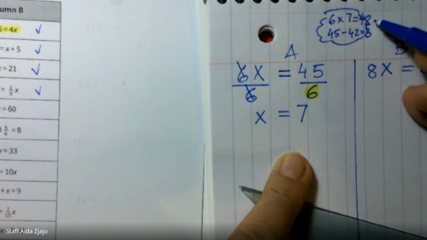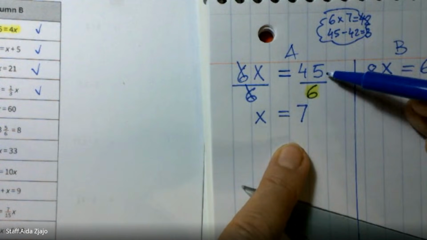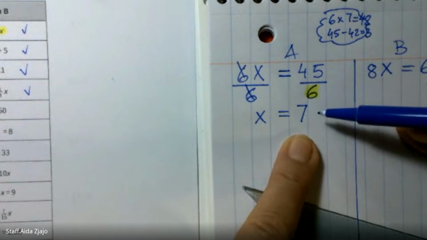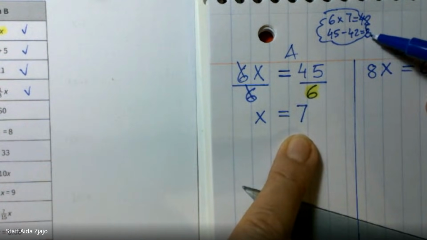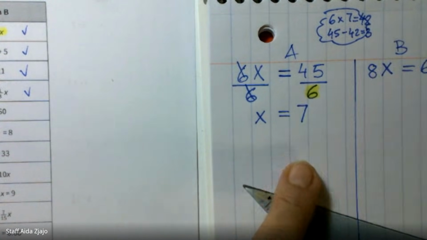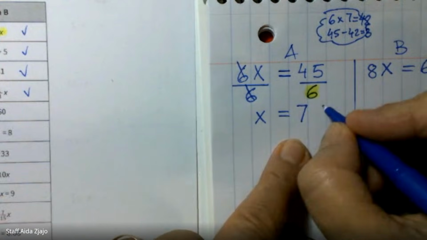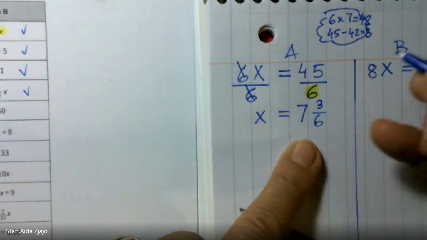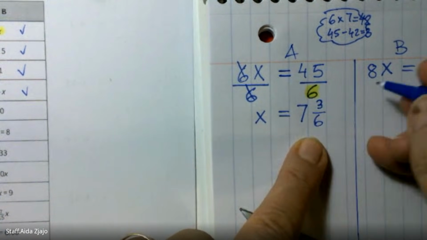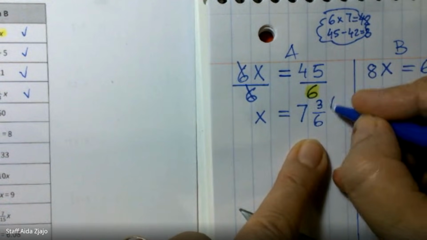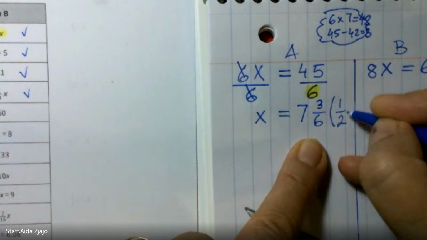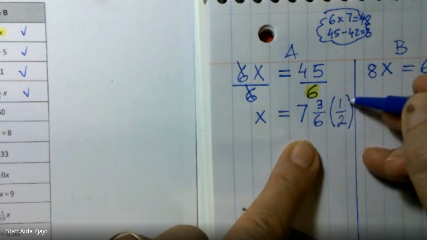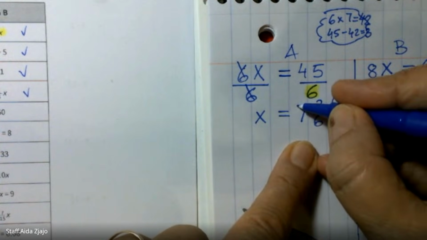I have 45 pieces, so 42 pieces will make 7 wholes, and I will have 3 sixths left over. So it could be 7 wholes and 3/6, but 3/6 could be seen also as 1/2, or 7 wholes and 1/2.